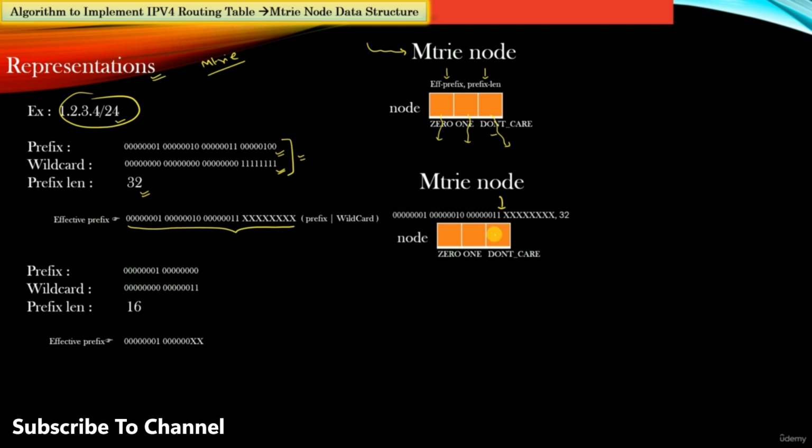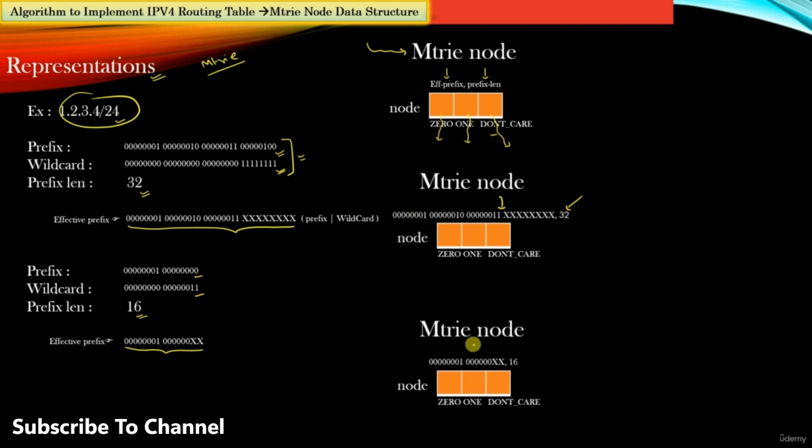This is the effective prefix. This is the prefix len. Similarly, if I have a 16-bit prefix and a 16-bit wildcard, then the effective prefix would be this one. And the mtrie node that will store this information would have a 16-bit effective prefix, and this is the prefix len.